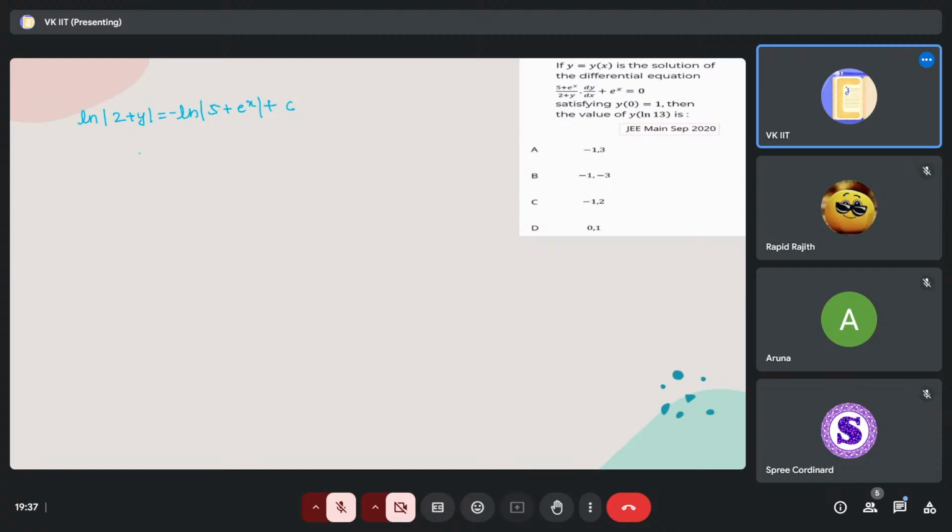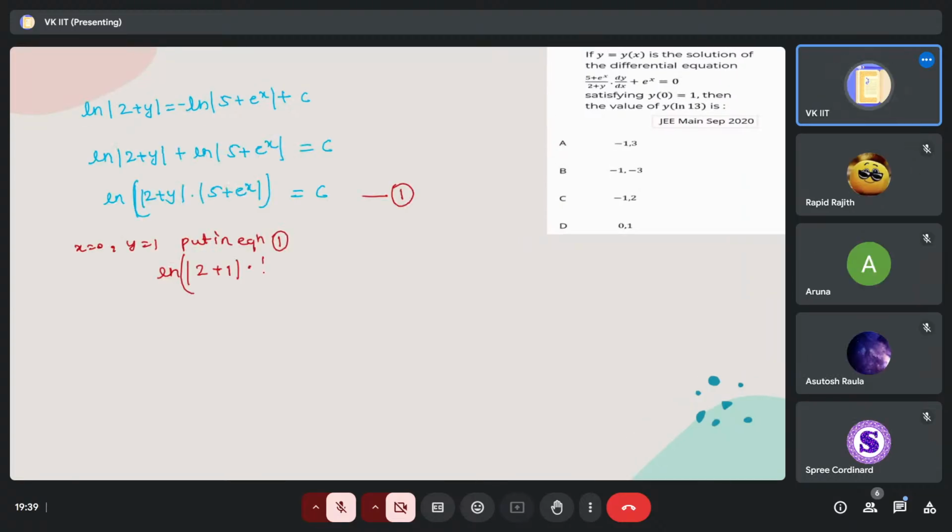So directly put the values now. What are the values given? At x is equal to 0, y is equal to 1. Put in equation 1. So ln of mod 2 plus 1, into 5 plus e to the power 0, which will also become 1, is equal to c.